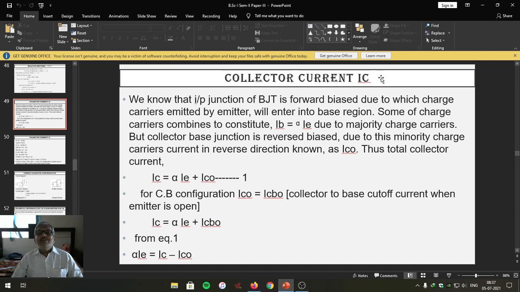We are well aware that when the input junction is forward biased, the emitter emits the charge carriers. Emitted charge carriers will enter into the base region. Some of the charge carriers emitted by the emitter will recombine to constitute the base current, IB.